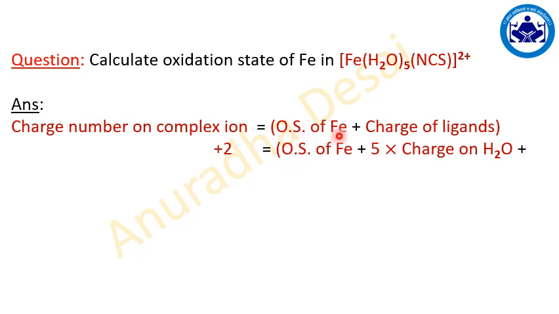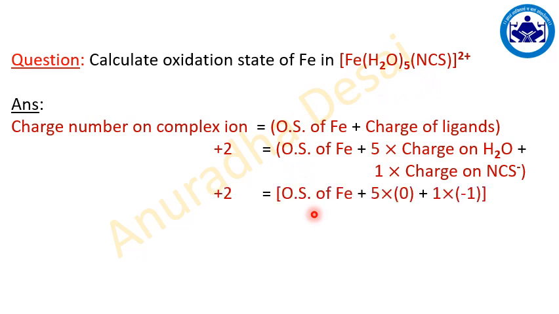I'm going to calculate oxidation state of Fe, so write it as it is. Now instead of this charge of ligands, what I'm going to write? 5 multiplied by charge on water molecules plus 1 multiplied by charge on isothiocyanide ion, because how many ligands are present? 5 water molecules and 1 isothiocyanide ion.